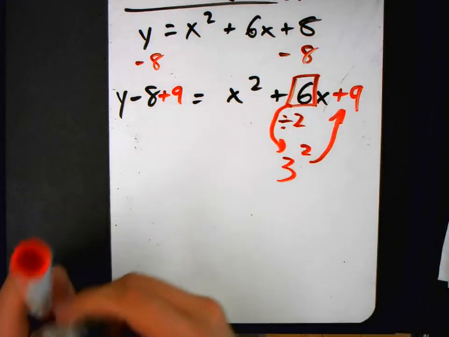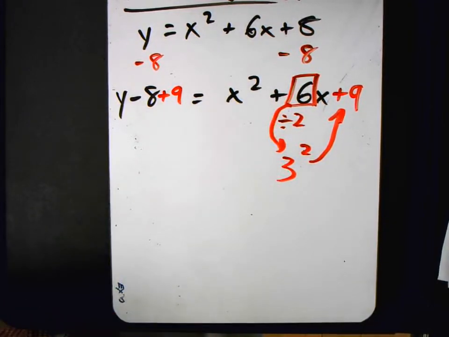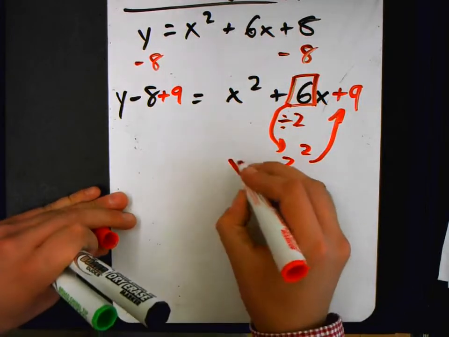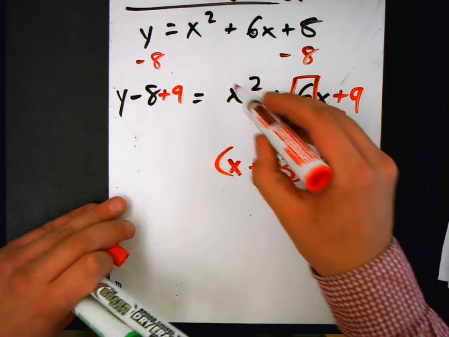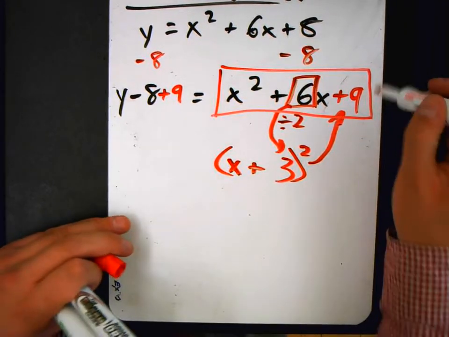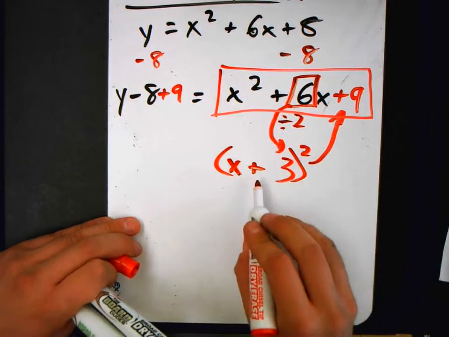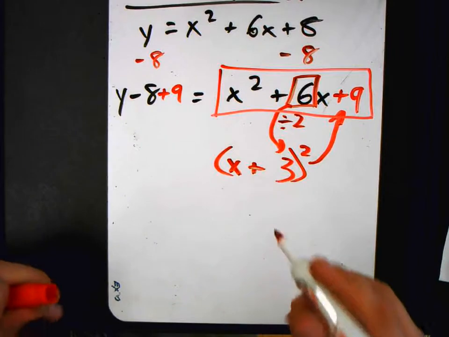Now, to eliminate factoring, you bring down the x and you bring down the plus. So we have x plus 3 squared. This is being factored from this expression here with the plus 9. If you factor what's in the box, you will get x plus 3 squared. But since we are completing the square, we do not have to factor.